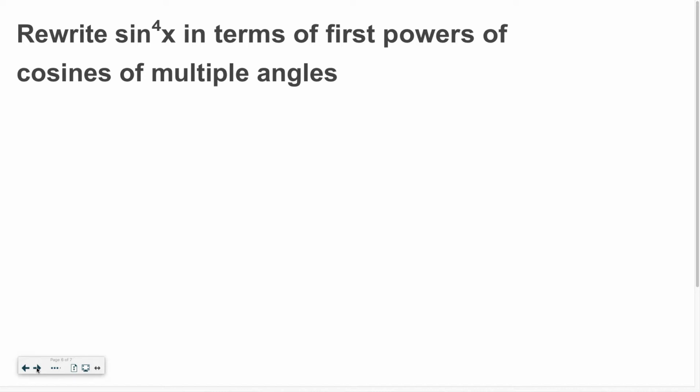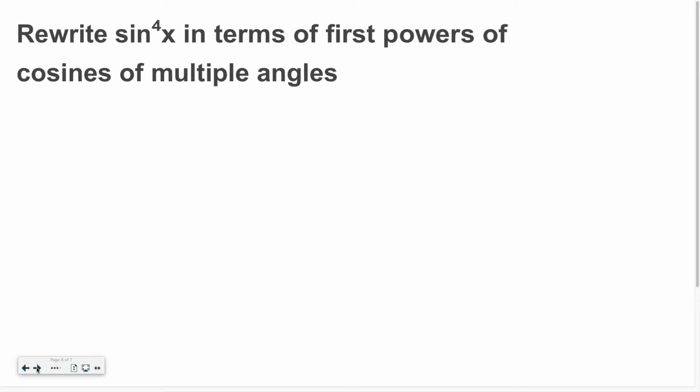Whether you copy down those entire instructions or not, you can just write sine to the fourth x. But these are going to be your instructions in your book, and the one problem that you have on your test. You're going to be given an expression of some trig function that has a power, and you know when you are done when there are no longer powers in your expression.